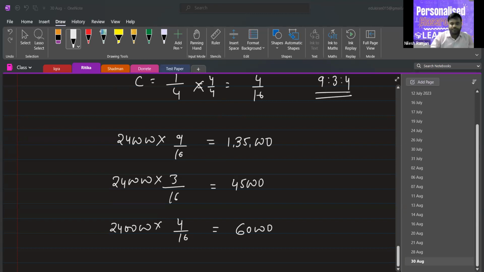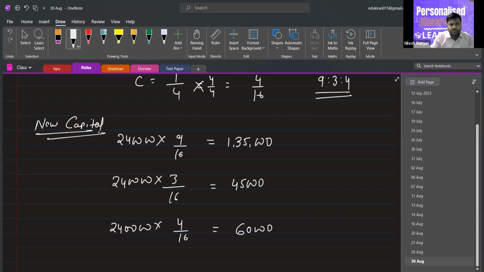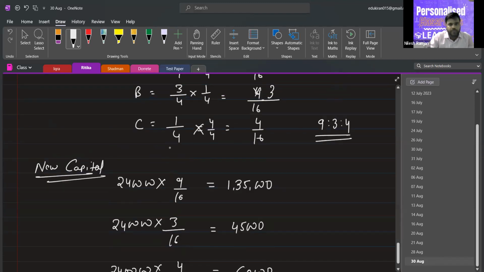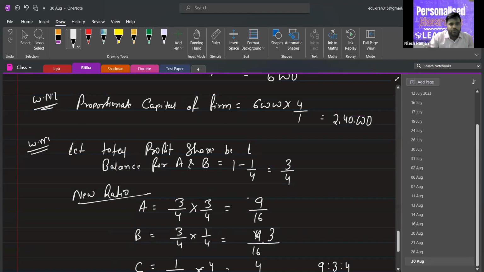Sir, one minute. New capital or proportionate capital. Yes, sir. So this is our new ratio.